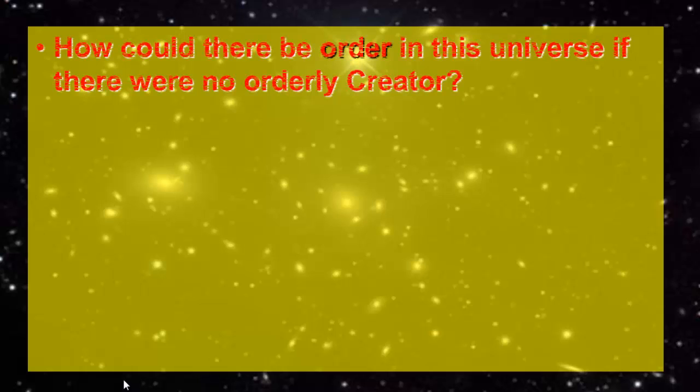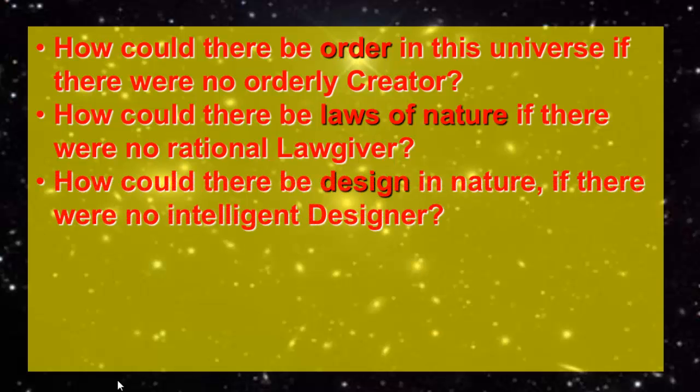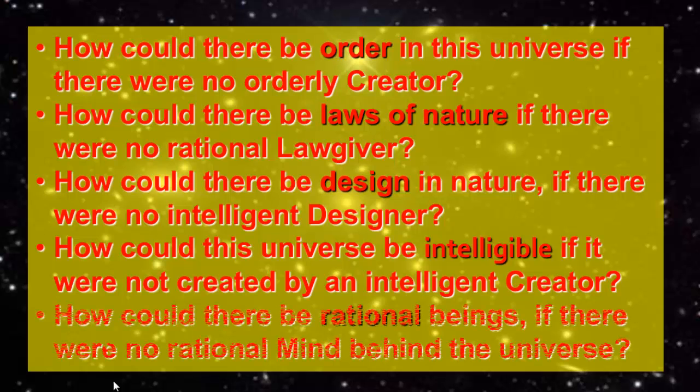Let me ask a few rhetorical questions. How could there be order in this universe if there were no orderly creator? How could there be laws of nature if there were no rational lawgiver? How could there be design in nature if there were no intelligent designer? How could this universe be intelligible if it were not created by an intelligent creator?